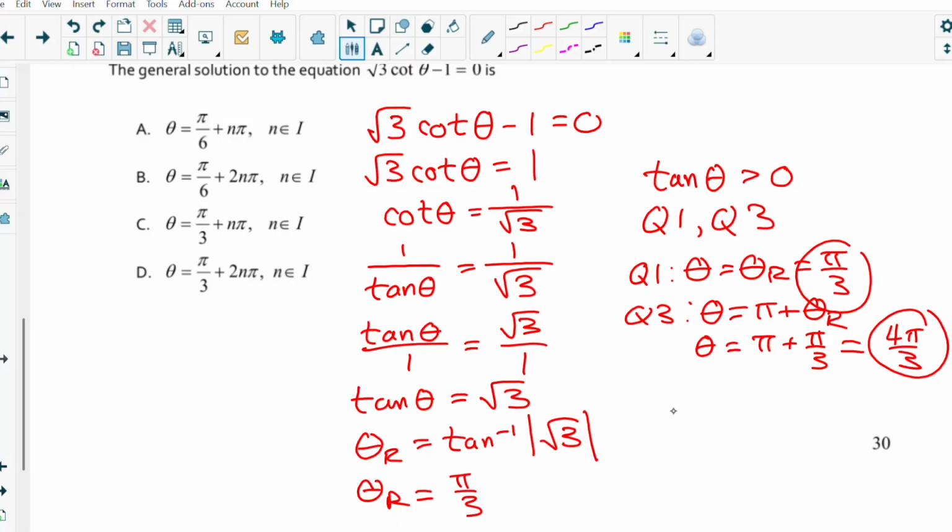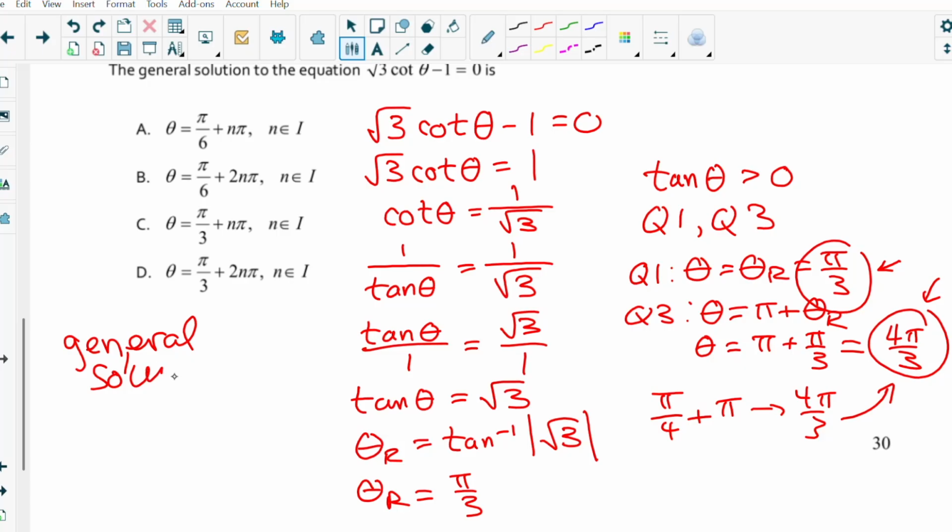So I have two solutions within a set domain, but I want a general solution. So one of the things I'll look at is if I take pi over 3 and I add pi, I'll get 4 pi over 3, which is that one. So I don't want to state this and this with pi n. I can just state one of them with pi n, and that will cover all of them, which is why we call it the general solution.